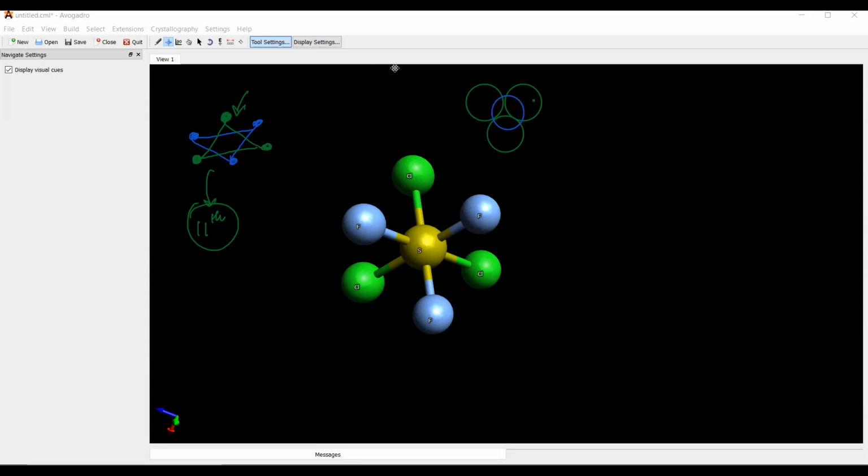If you see it in one way, now you will understand that these are like a triangle. Let me make this, and then I will move them.